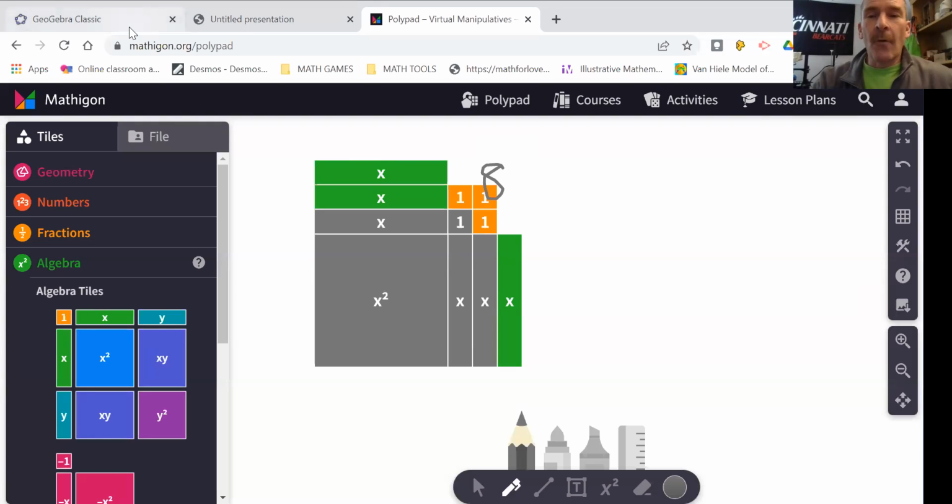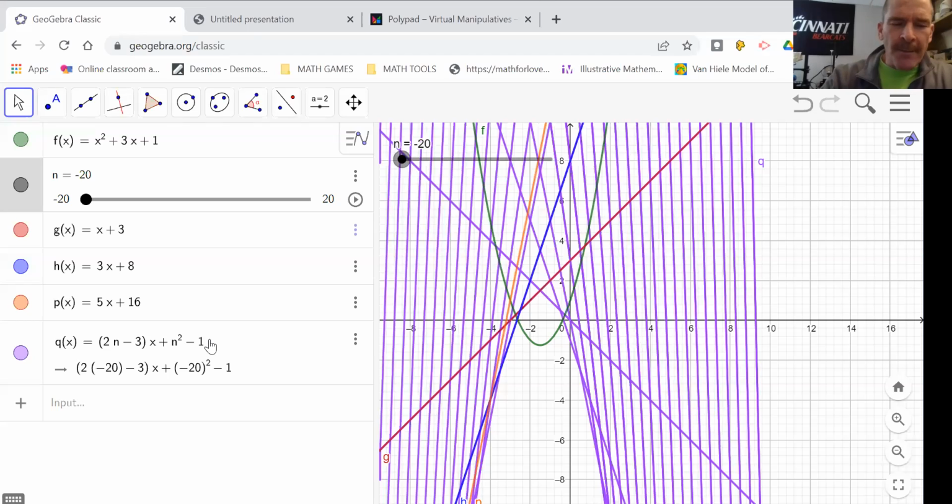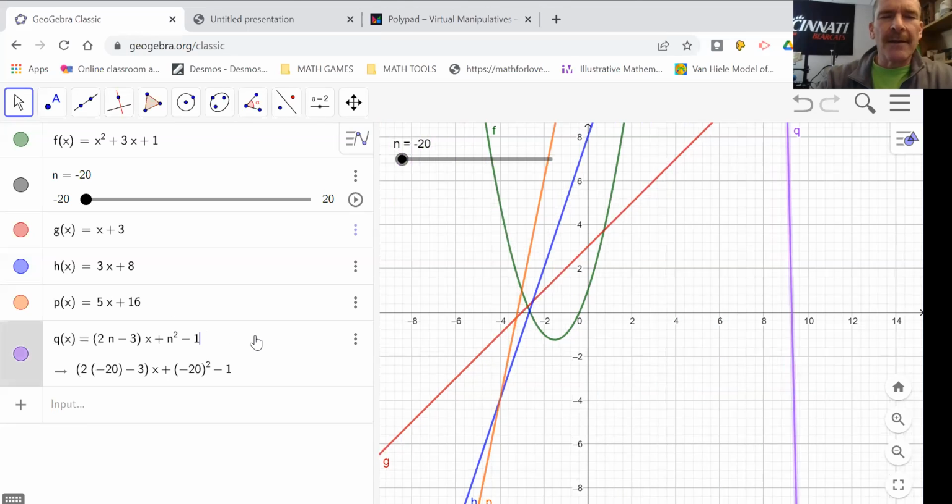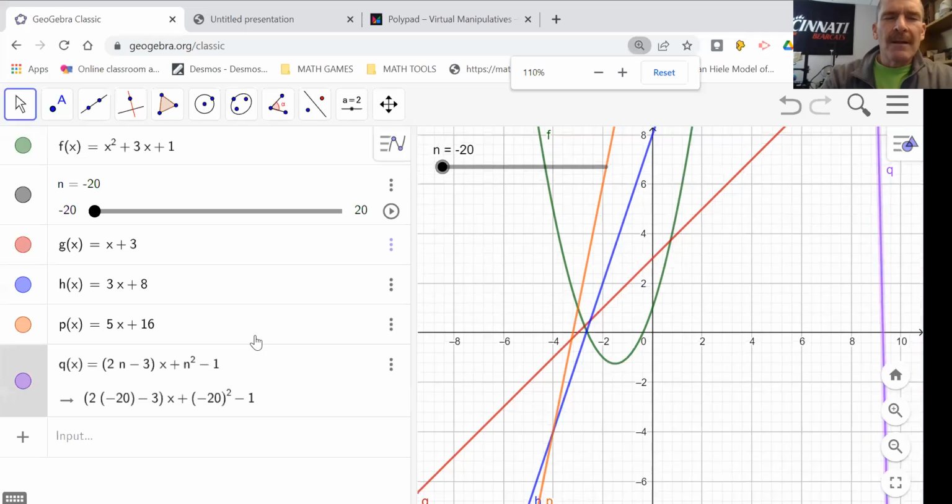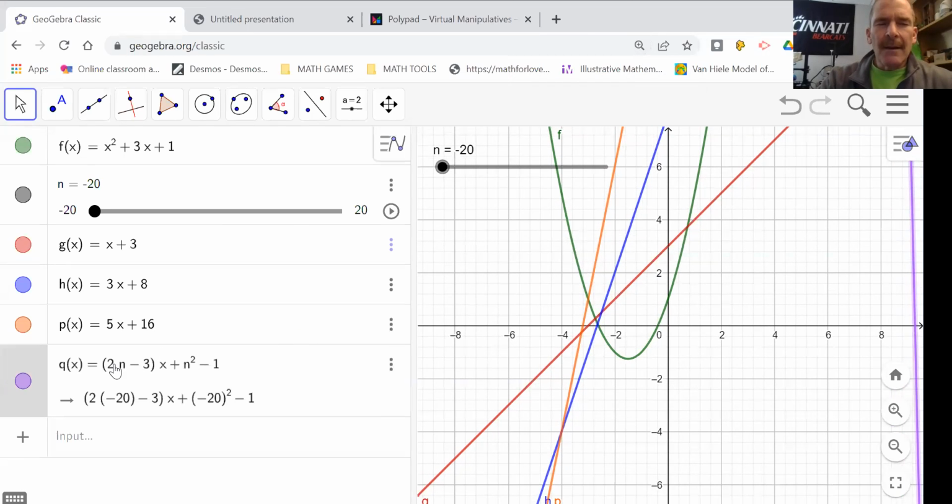Which is why in my formula, on the left-hand side, the 2n, because there's an algebra tile on each side, and then there's an n squared minus 1, because I'm going to add n squared units, but I've already got one there that I'm not going to take into account.